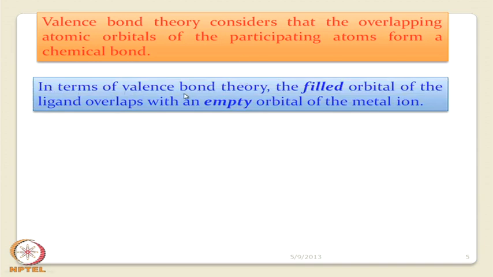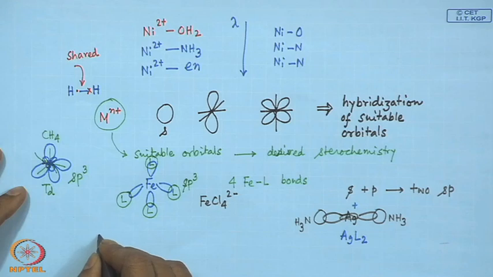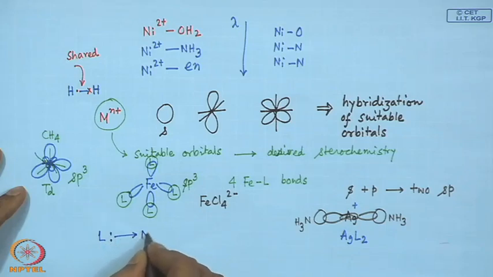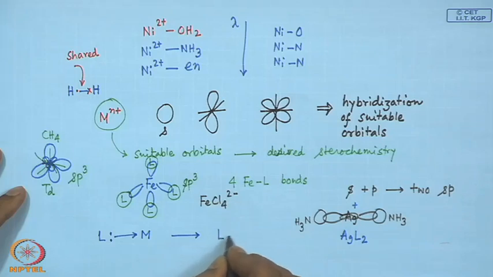And in terms of this theory, the filled orbital of the ligand overlaps with an empty orbital of the metal ion. So, this idea also tells us that the electron pair from the ligand will be donated to M, and once the bond is formed, we simply write M-L.